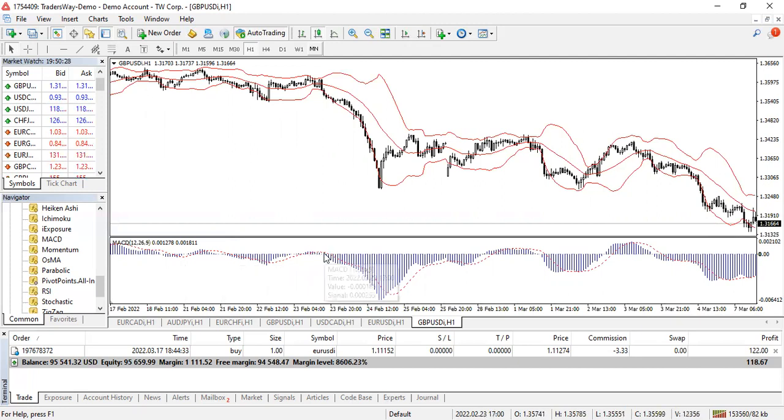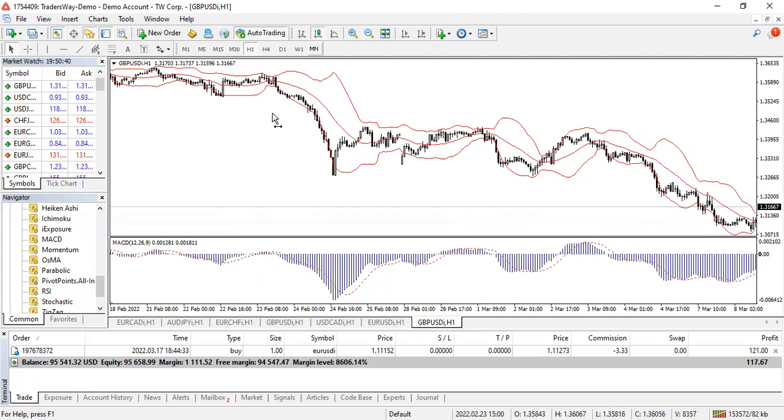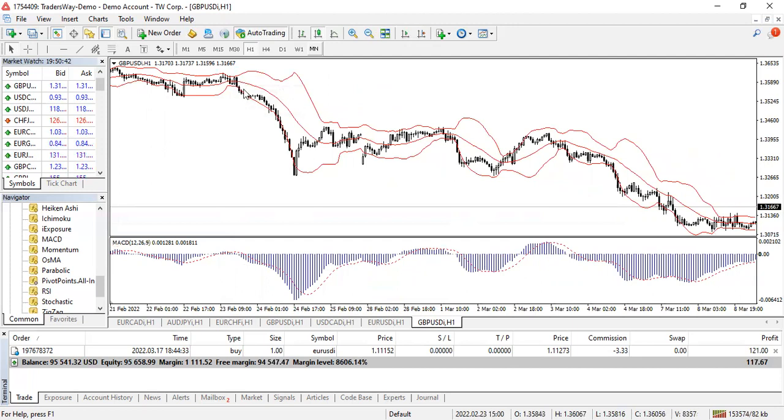But when we start having a lot of histogram, that is, this line is getting bigger, it means there is a trend in the market. So here it's giving me a sell signal, while here is also giving me a sell signal. So in this type of market, I can sell.